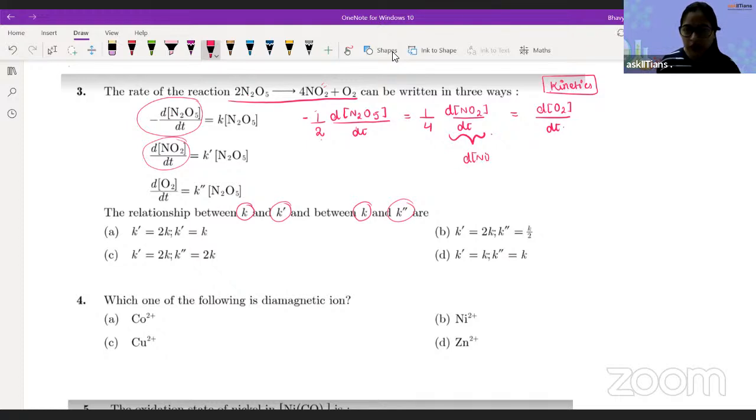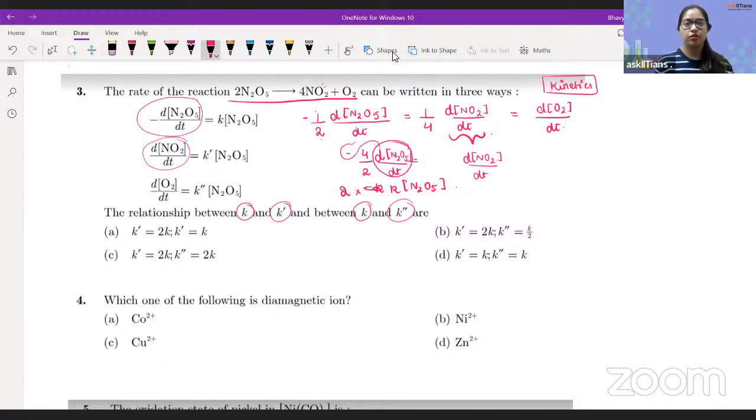So d[NO2]/dt will be equal to 4 by 2 times this part, and this part can be written with the minus sign included. So we can rewrite it as 2K times [N2O5]. Can I rewrite it this way?